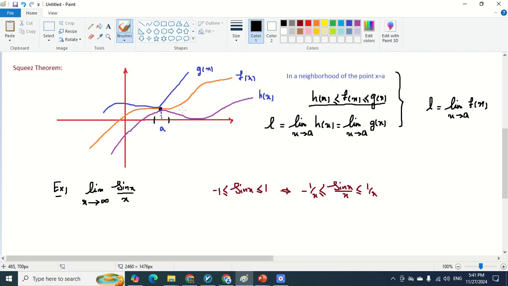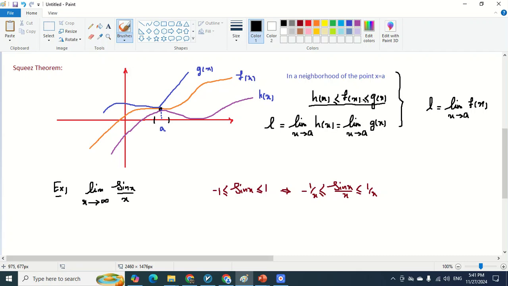As you can see, h of x is at the bottom, f of x is in the middle, and g of x is at the top. It looks like you make a cheese sandwich, where the cheese is f of x and the bread is given by g of x and h of x.